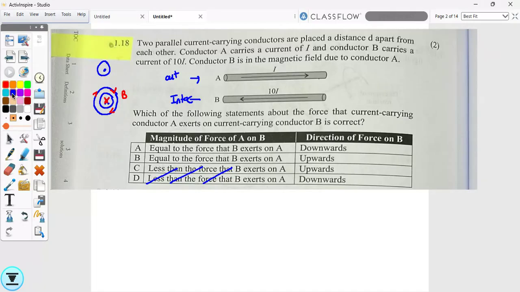Then if we do it for the top one, it's also going to have a circular magnetic field. Obviously, if they really wanted you to draw this, then you'd draw those further apart to show that the field is weaker. But then for that one, just check your right hand rule again.